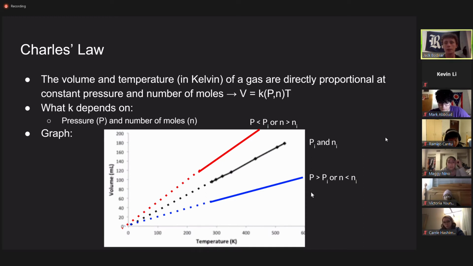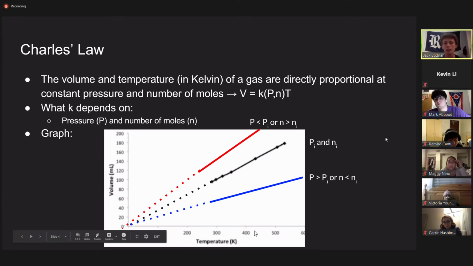If we either increase our pressure or decrease our number of moles, our volume is going to decrease, so we get a shallower slope. If we decrease our pressure or increase our number of moles, we see a steeper slope on our volume versus temperature graph.